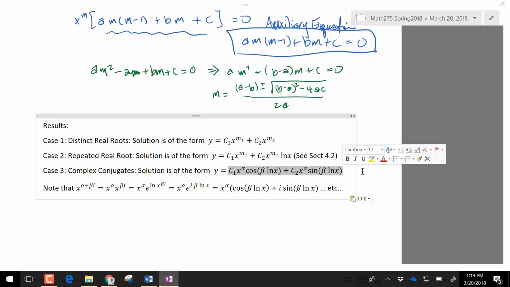You're always going to get, yeah, you're guaranteed to have 5 solutions.